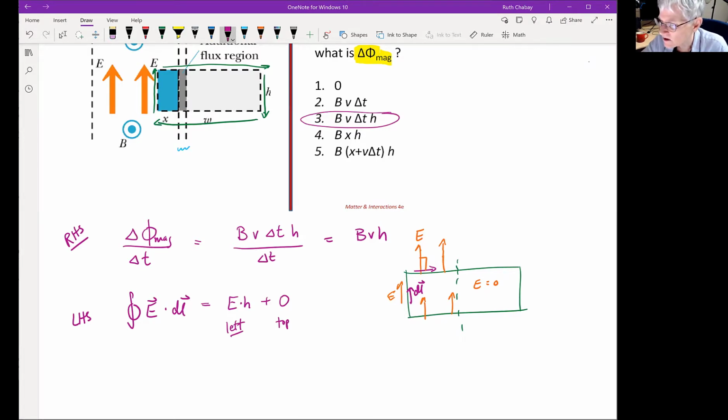On the right-hand side, E equals 0. Coming back along the bottom, E is not 0, but we have a 90-degree angle again, so E dot dl is just equal to E times h.